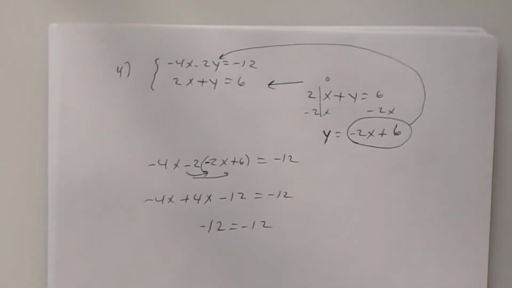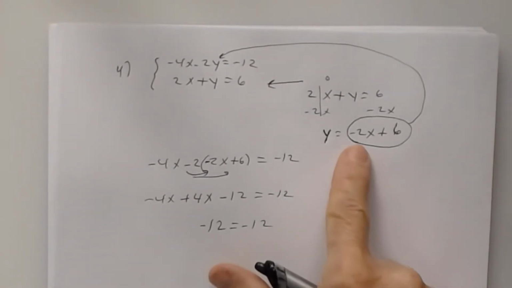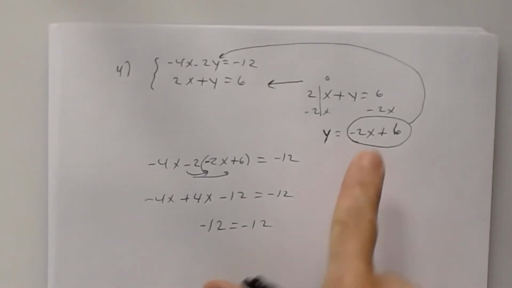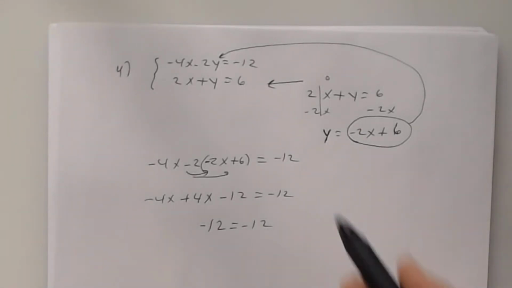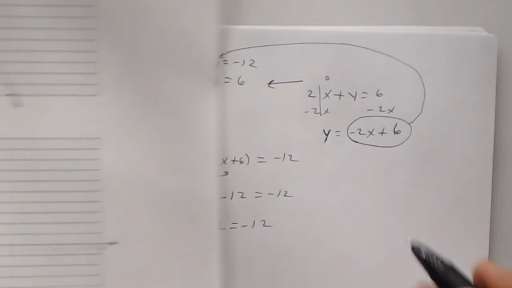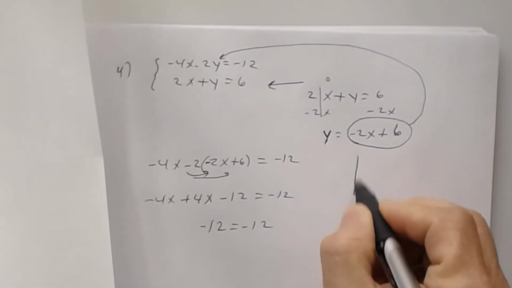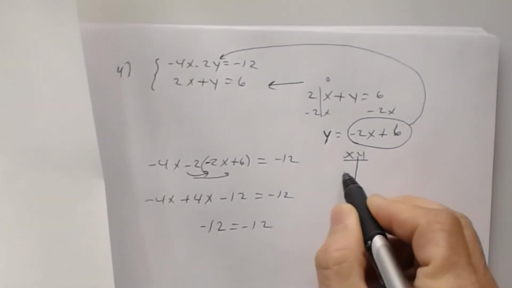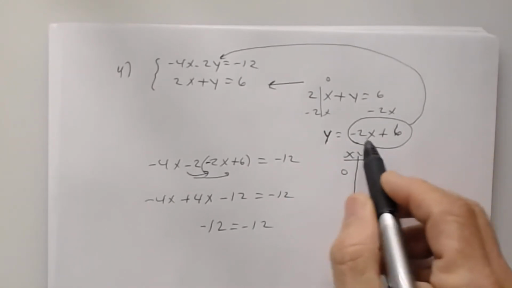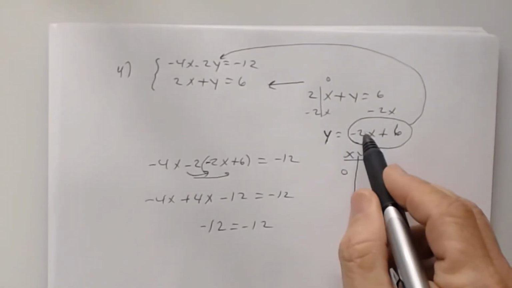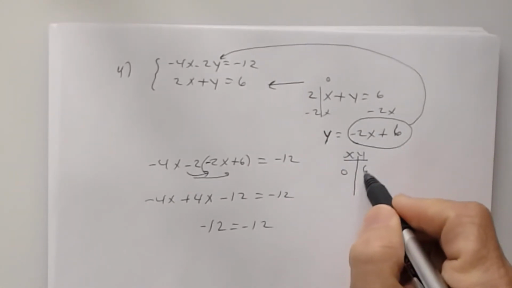I want to go ahead and graph this and kind of look at that statement that he mentioned. So let's go ahead and graph this. So this one, y is already by itself. So I'm going to graph that here on the same page as this one. So if I use a t-table, if x is 0, I get negative 2 times 0 is 0. 0 plus 6 is 6.